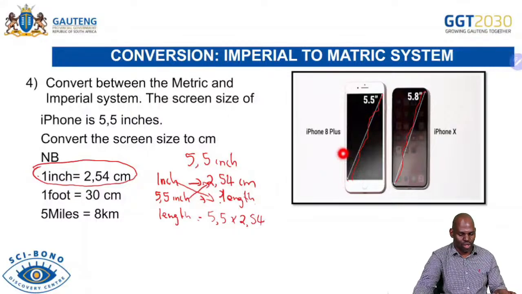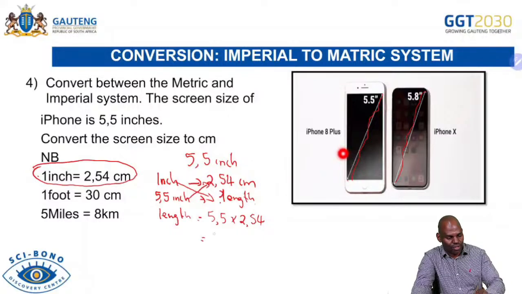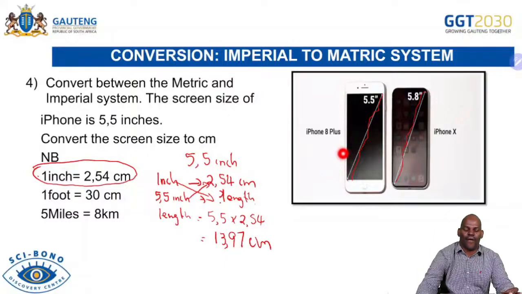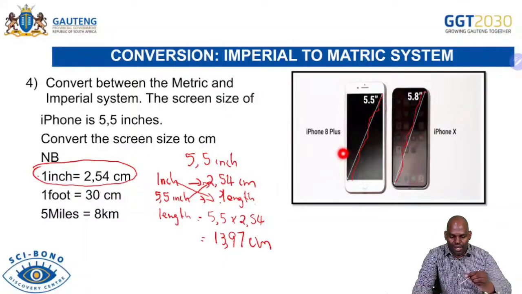If you take your calculator, 5.5 multiplied by 2.54 gives us 13.97 centimeters. That means the screen size of the iPhone 8 Plus is 13.97 centimeters.